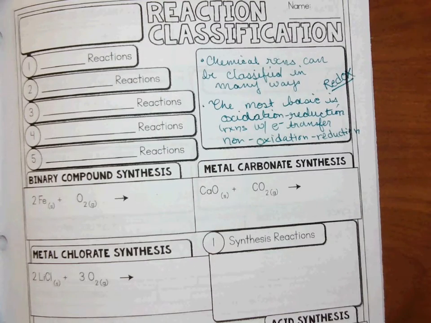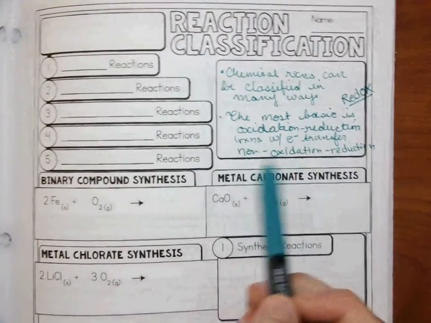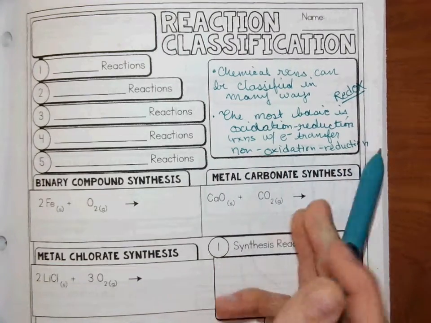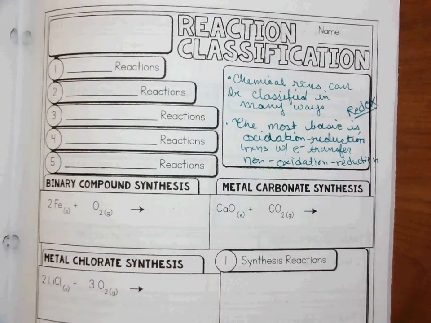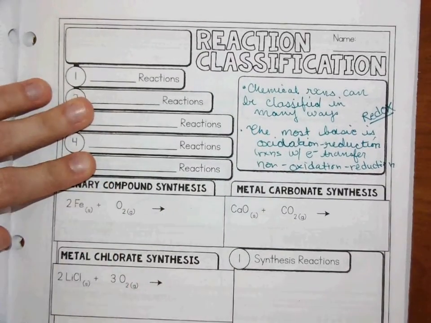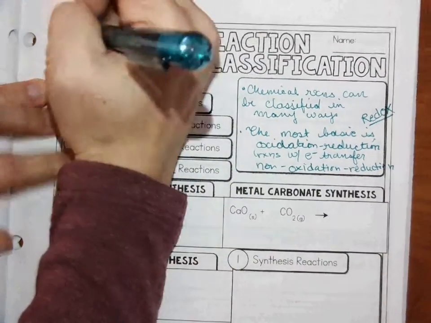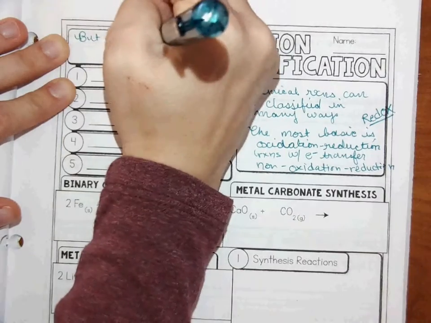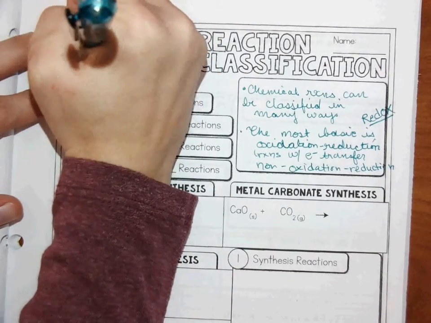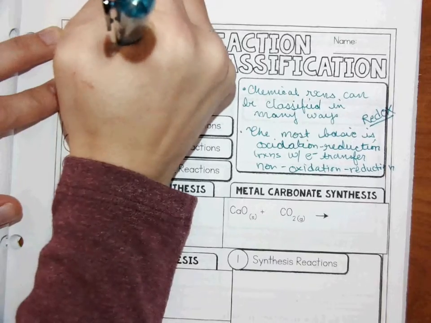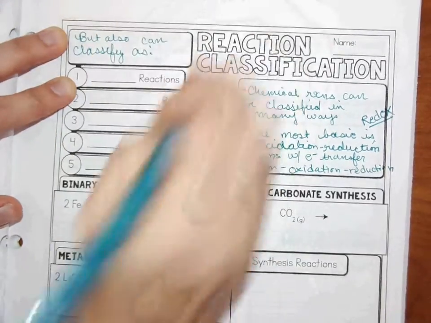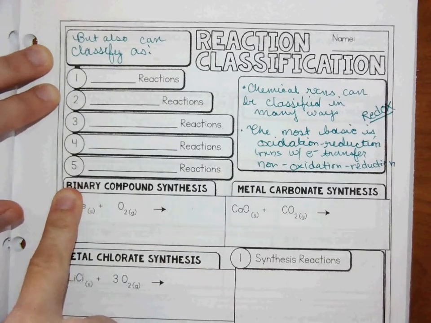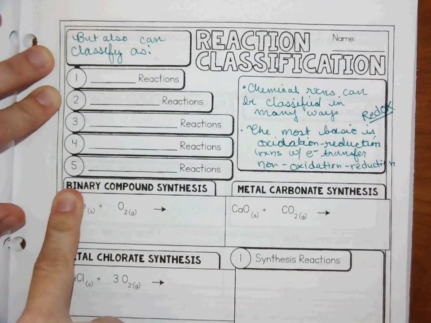All right, so today we're going to be looking at generally non-oxidation reduction reactions. Some of them technically are, but they can also be classified as, so we're going to look at 5 different types of reactions.